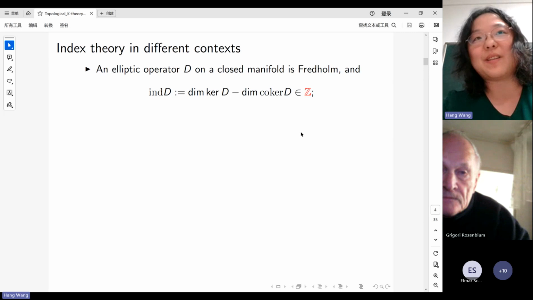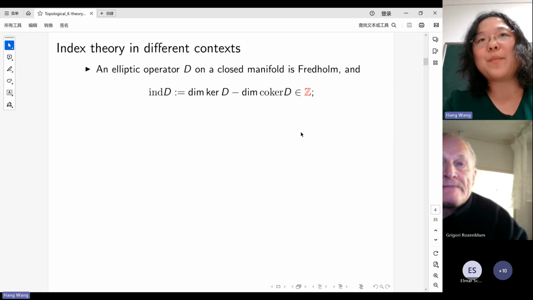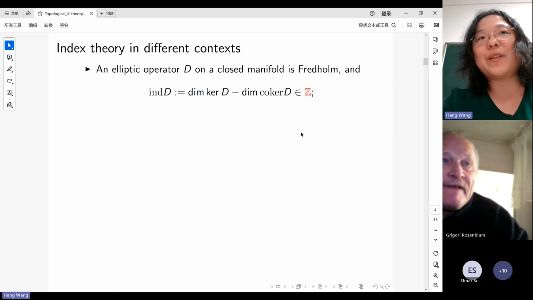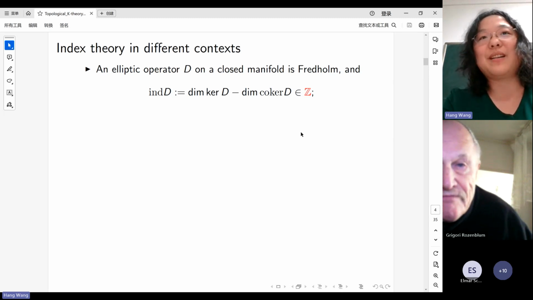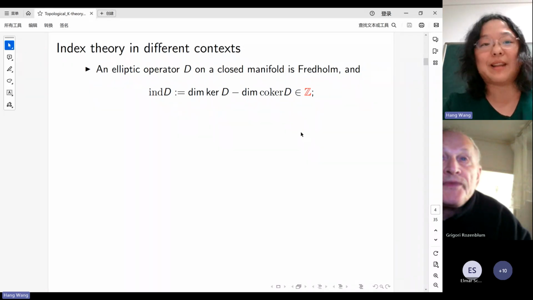If we look at the simplest case, that is for a closed manifold, an elliptic operator is Fredholm, which means that the dimension of the kernel and the dimension of the co-kernel are finite, and their difference is a very stable invariant, both analytically and topologically, and it's called the Fredholm index.